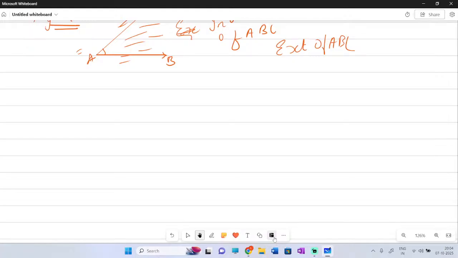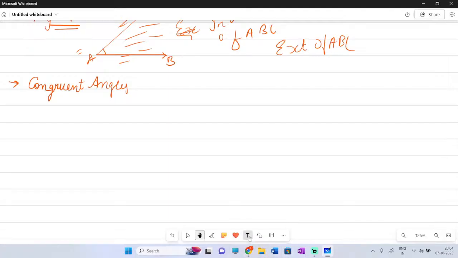Congruent angles. Heading. Congruent angles. I will type it.